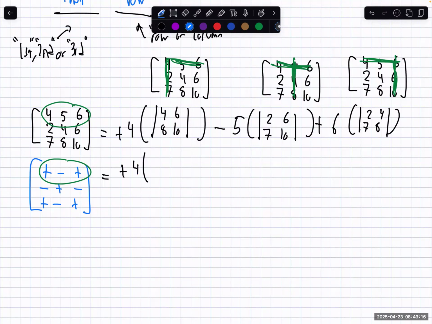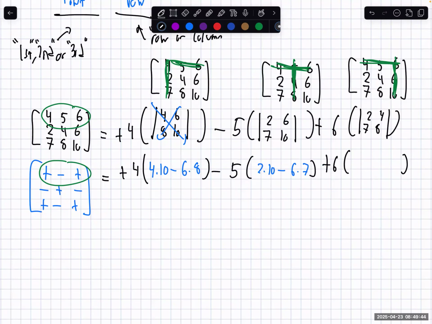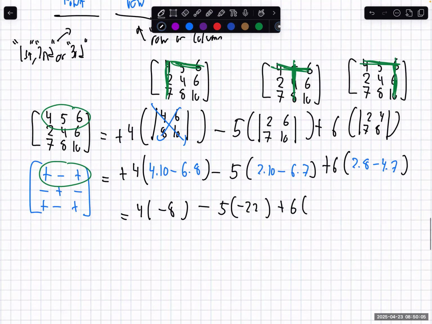I'll use the shortcut rule, but you can do it however you want. 4 times 10 minus 6 times 8. 2 times 10 minus 6 times 7. 2 times 8 minus 4 times 7. 40 minus 48 is -8. 20 minus 42 is -22. And 16 minus 28 is -12.